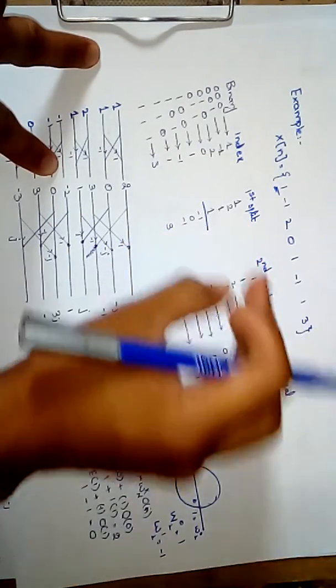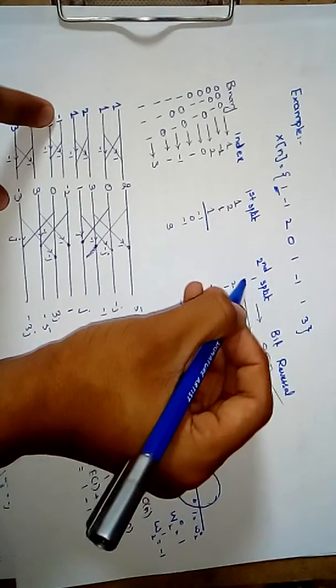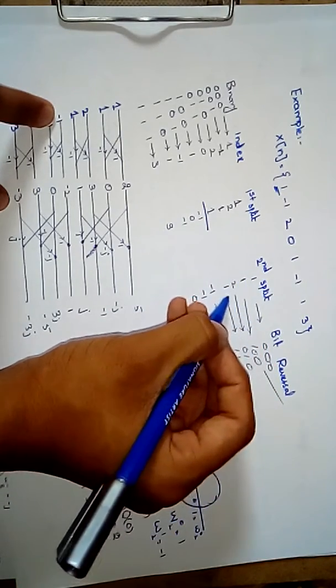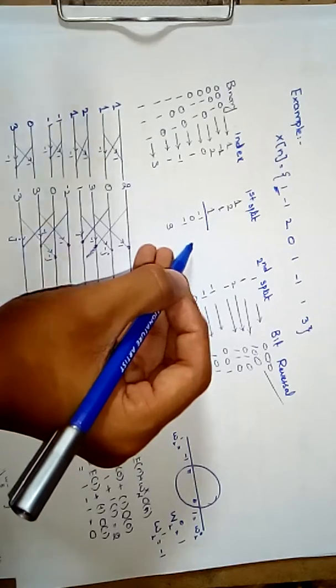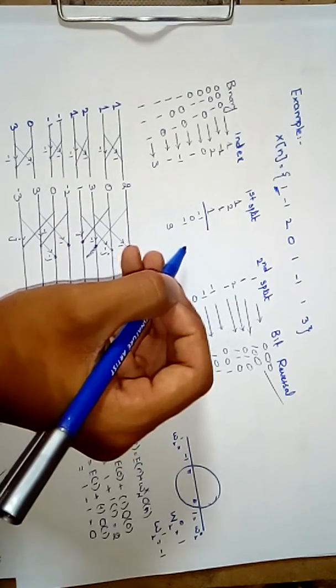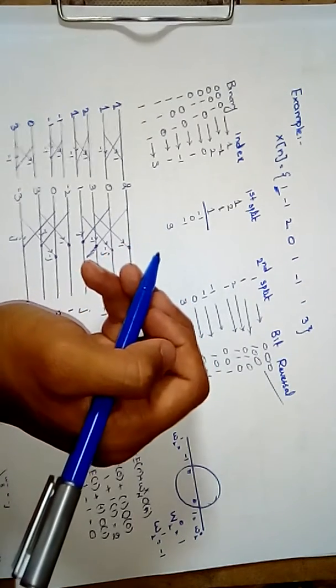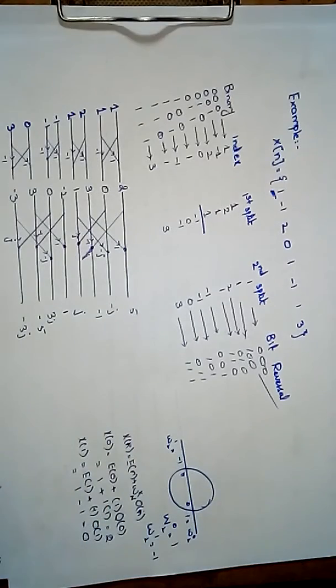This further splits into two parts: first one even indices and the second one odd indices, and the second half with indices 1, 3, 5, 7 is likewise split into even and odd.